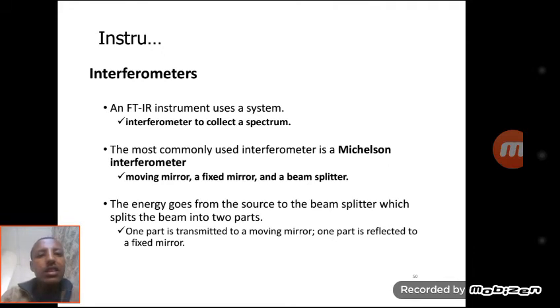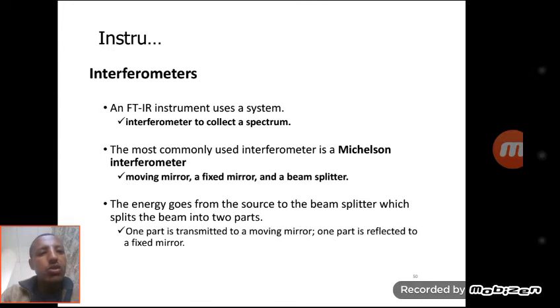The other is the interferometer, which is used in FTIR or Fourier transform instruments. The FTIR instrument uses a system that collects the spectrum that passes through the sample.